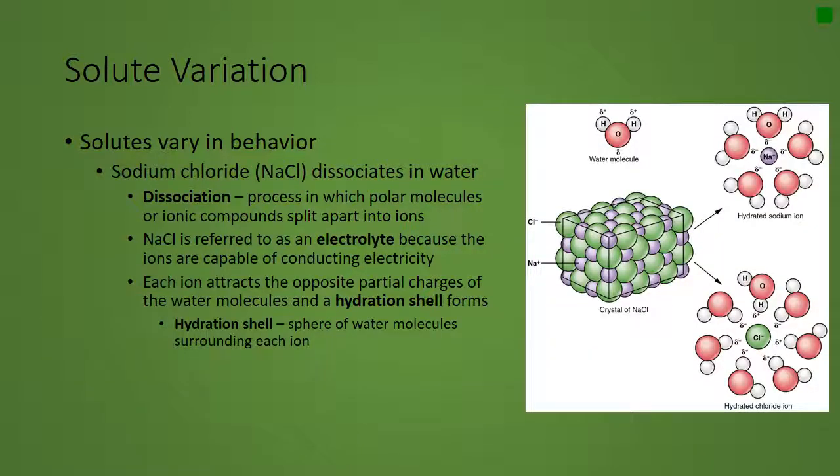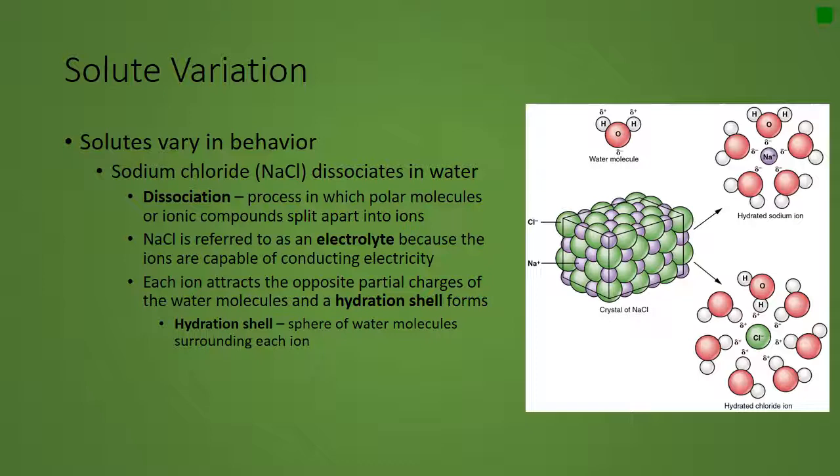You can contrast this with when you dissolve a salt, such as sodium chloride. When sodium chloride is dissolved in water, not only does it dissolve, but it dissociates. That is, the cations and anions, the sodium plus cations and the chloride minus anions, split apart.